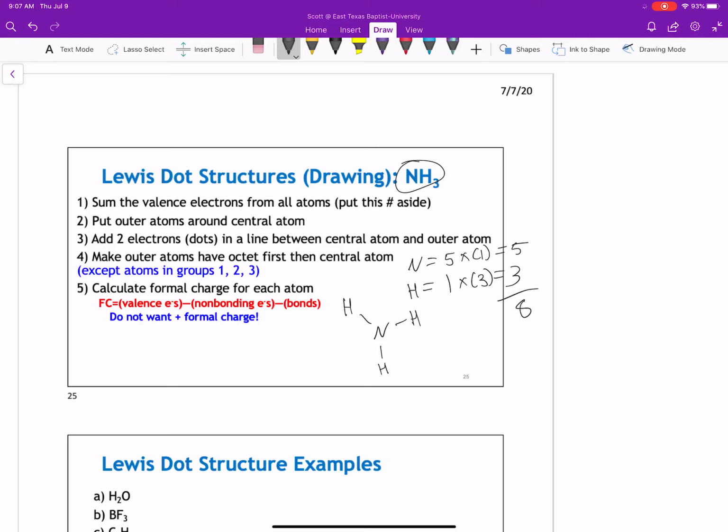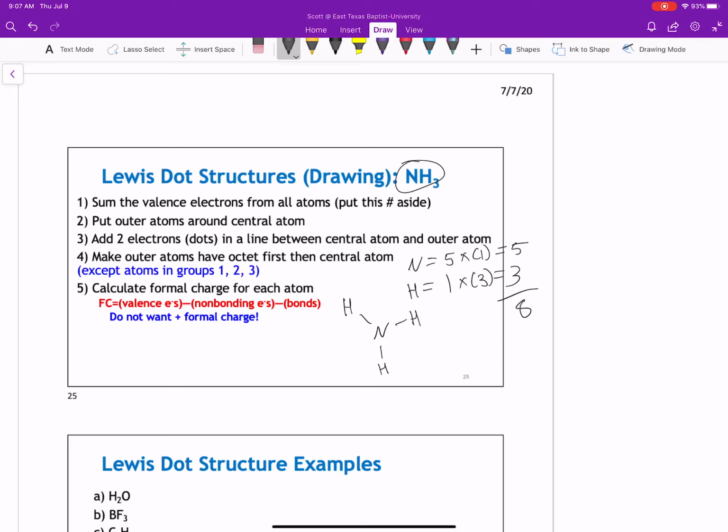Now, we need to make the outer atoms have a full octet first. There are, of course, exceptions to this, and hydrogen doesn't need a full octet because it only gets to the 1s. Being a 1s means it's fine with just 2 electrons. So it's not an octet, it's fine with 2. 2 is the maximum hydrogen can have.